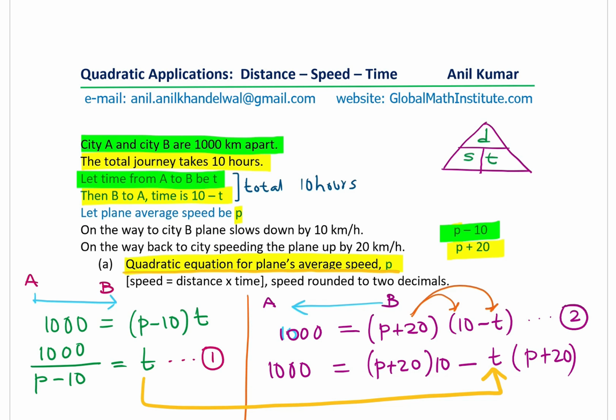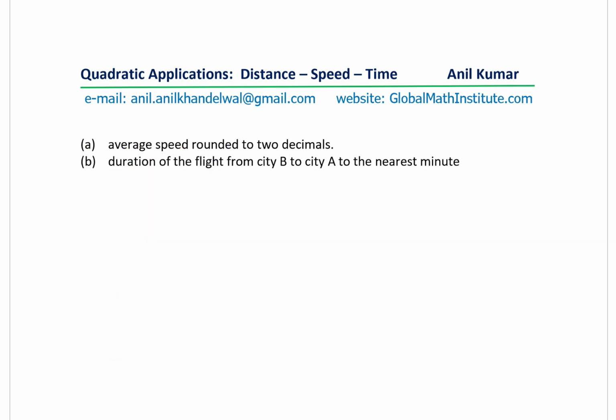So I hope this equation is absolutely clear. Now on a fresh page, we'll actually solve this particular equation. So we have two equations. The first one is that the journey of 1000 kilometers is done with a plane speed of p minus 10 in the duration of t.